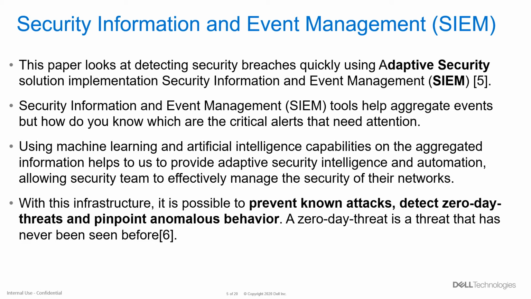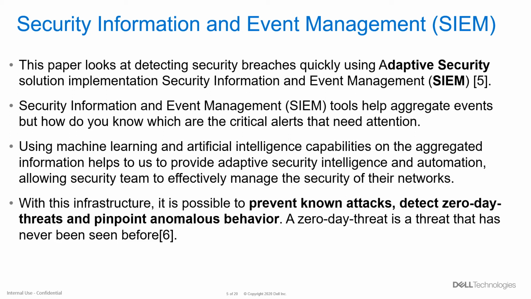Now let us understand how SIEM helps us to build an adaptive security solution. What is SIEM? SIEM stands for Security Information and Event Management. This paper looks at detecting security breaches quickly using adaptive security solution using SIEM implementation. Security information and event management tools help aggregate events, but how do you know which are all critical events which need attention?